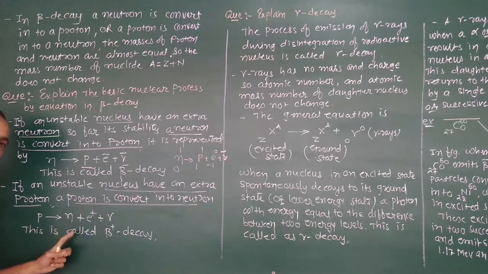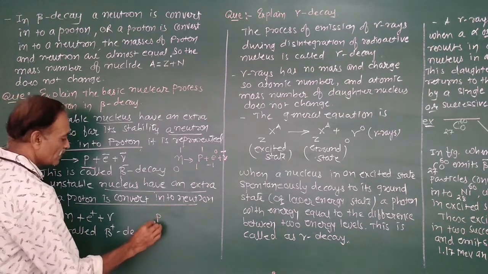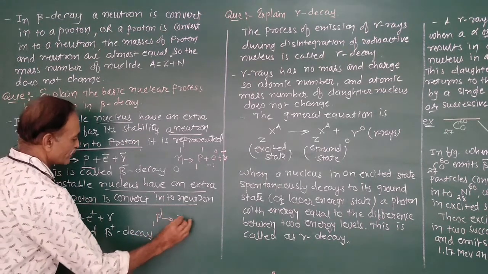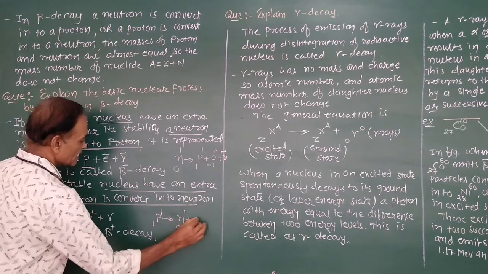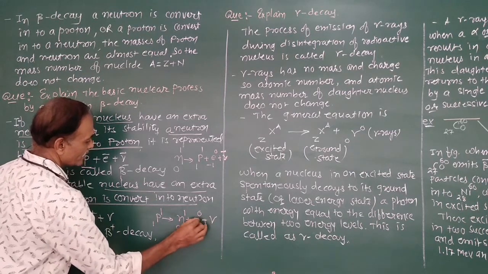That is given by the equation: proton converts into neutron. At that time, a positron and a neutrino are emitted. Therefore, proton p(1,1) converts into neutron n(0,1) plus positron e(+1,0) plus neutrino.